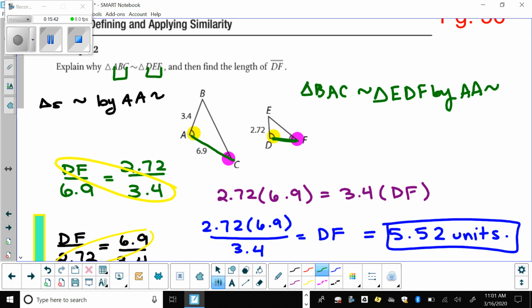Look at how I set up my proportion. I want to find DF and I'm putting it over segment AC, 6.9.